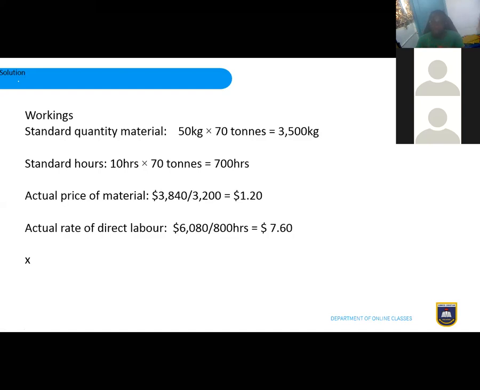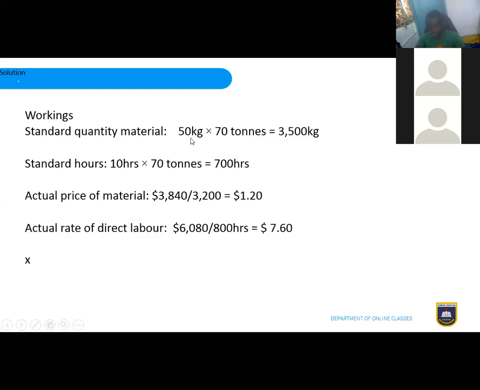When it comes to actual price of material and actual rate of direct labor, usually I just term them the actuals. When it comes to these, you need to do some simple divisions, and I think we did the first one. But for the standard quantity of material and the standard hours that was used, you need to multiply the two figures, not excluding the total units that was produced.